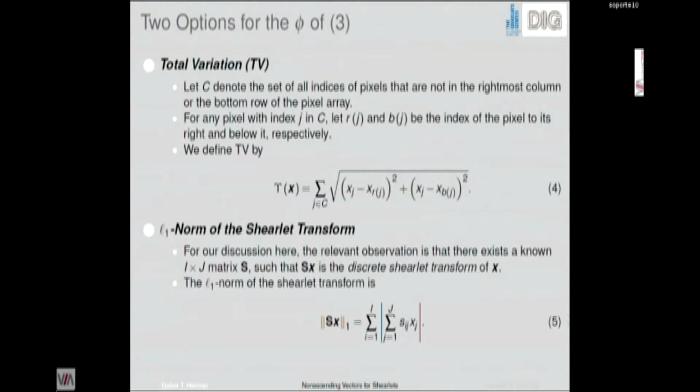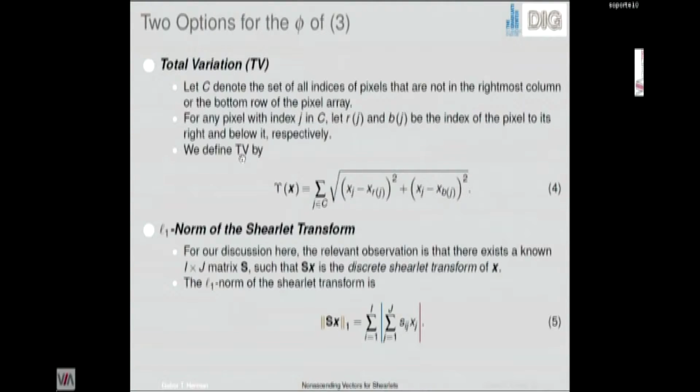So this C is the set of all the pixel locations which are not on the right edge and not at the bottom, and let Rj and Bj denote the pixel to the right of the jth pixel and the pixel below the jth pixel.